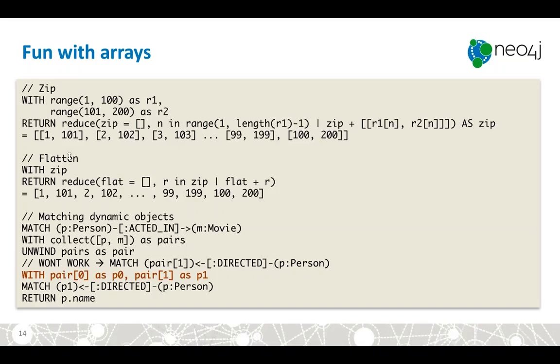We can flatten that by using a further reduction of just iterating through the zipped array and concatenating it together into a flat array. So these kinds of data structures are very useful for passing along intermediate results, but you want to actually use them in context.